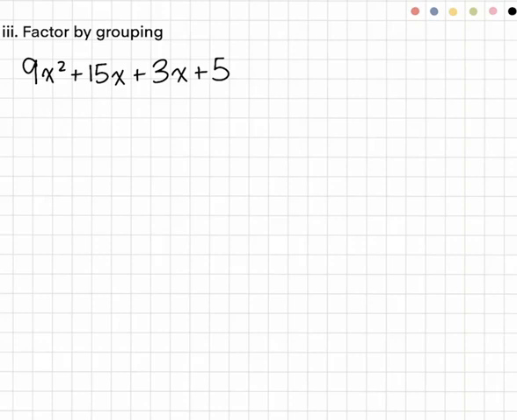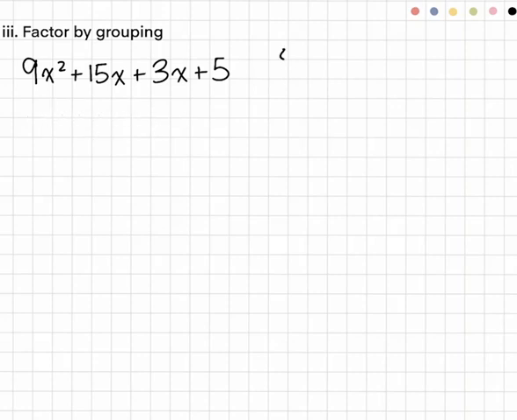So let's say that I decide to keep this in the order that it's in. Okay, so that means I'm going to keep it with 9x squared plus 15x plus 3x plus 5. Actually, I'm going to move it over because I'm going to try to show you both of them beside each other.